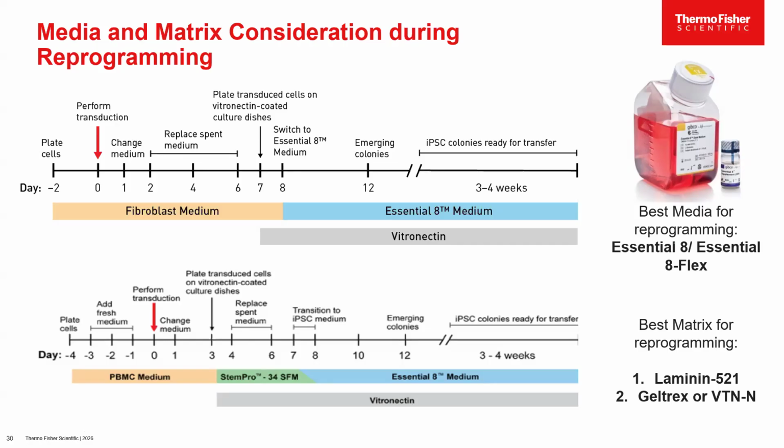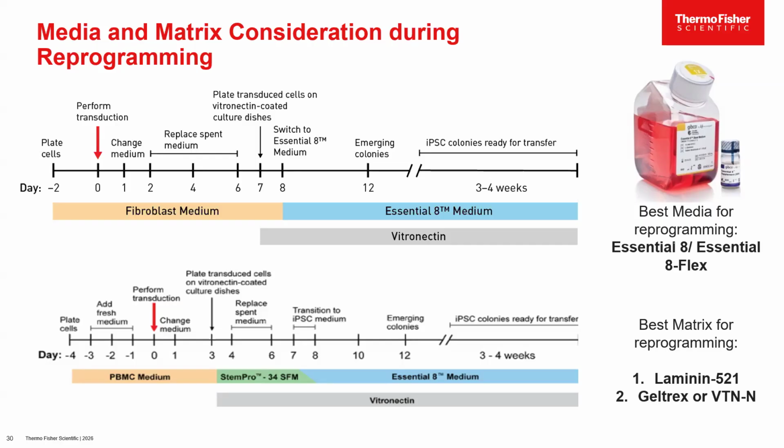In terms of not just the media, but the matrix itself, I mentioned that you could either reprogram on a layer of mouse embryonic fibroblasts or on an ECM or matrix supported proteins. So which matrix you actually coat your plastic with also matters in terms of reprogramming efficiency.